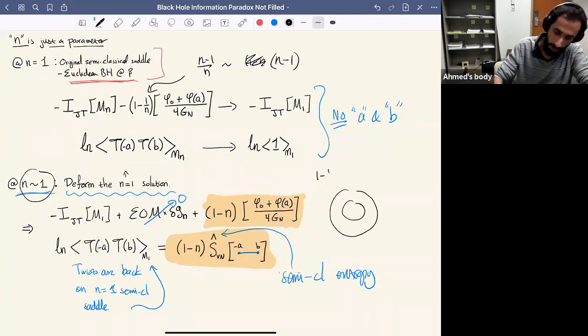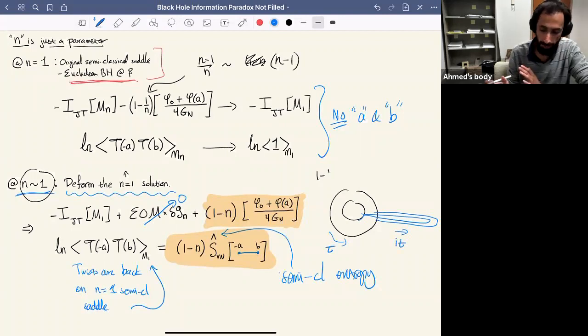You should think of there being, you go up to here and then you go like that. You take both the bath and the AdS boundary in some Lorentzian direction. So this direction here is tau, and this direction is iT. Although I was not very explicit about this, the path integral really has a Euclidean part, and it also extends into the Lorentzian part.